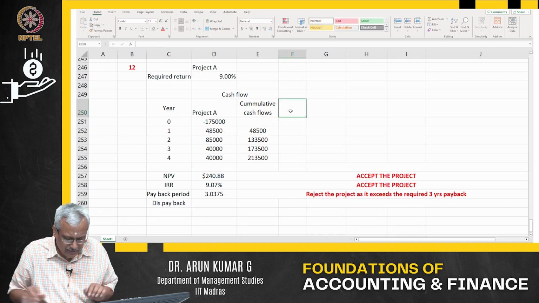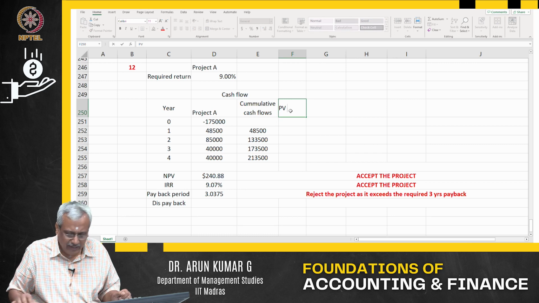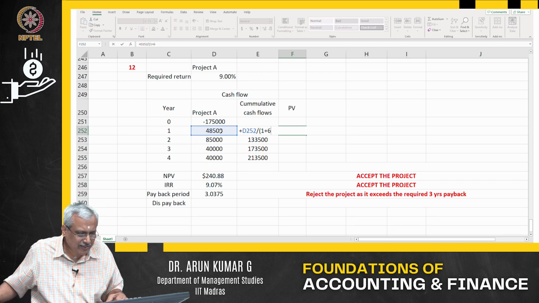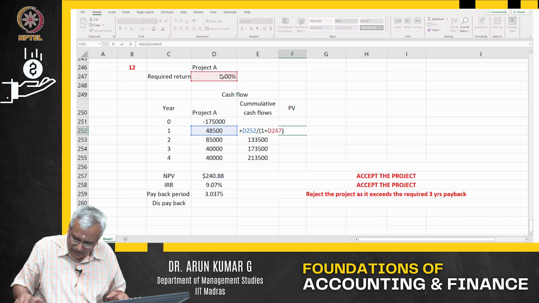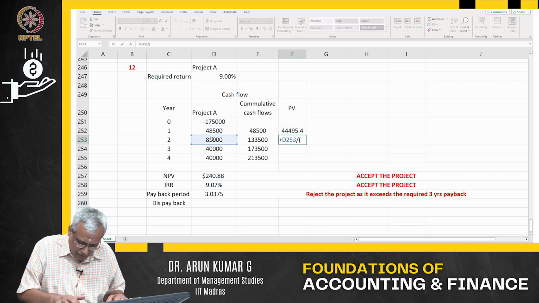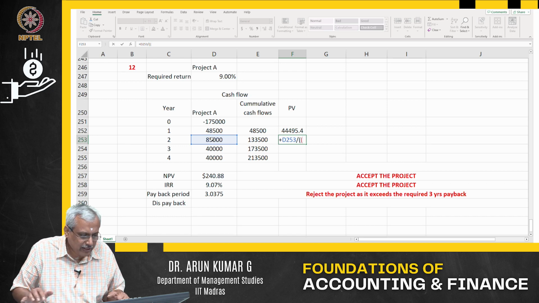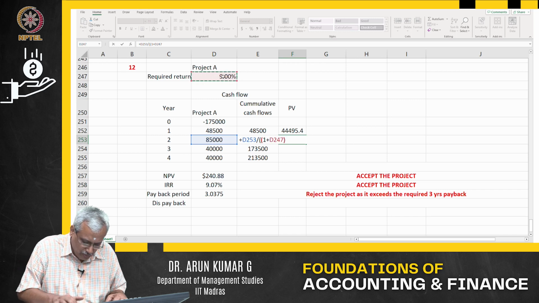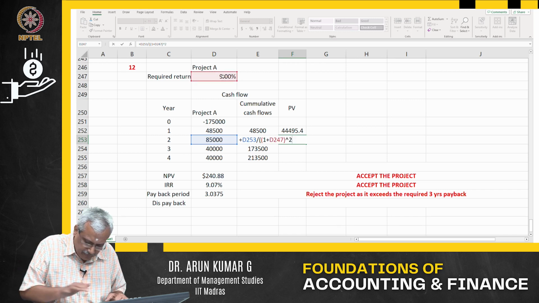Let me discount it. Let me find the present value of all these cash flows. That means 48,000 divided by 1 plus 9%, first year. Second year, 85,000 divided by 1 plus 9% to the power of 2.